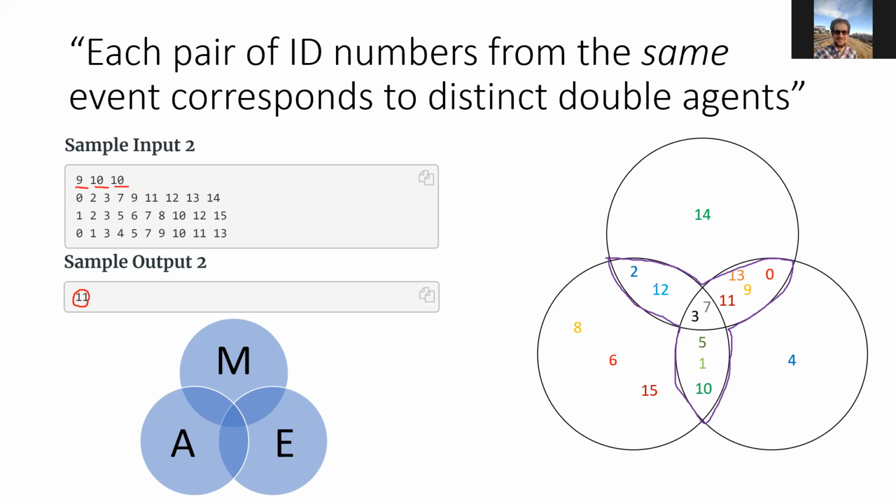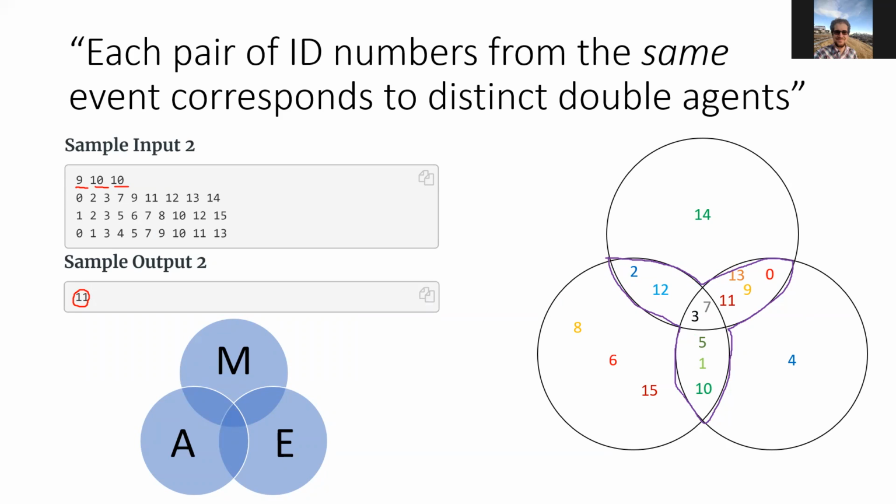Now, this 2 and 12, these ones showed up in both the morning and the afternoon events, which means that they will have at least one event in common with the morning and evening group because they both had the morning in common, and they'll have something in common with the afternoon and evening group because they had the afternoon in common.